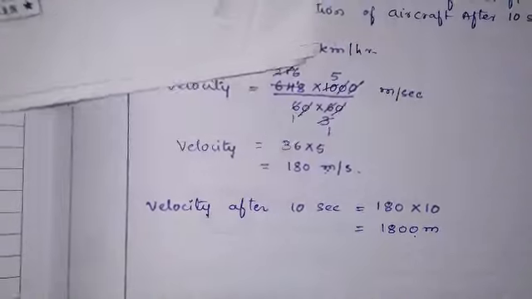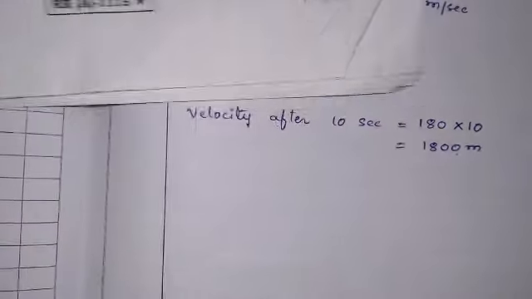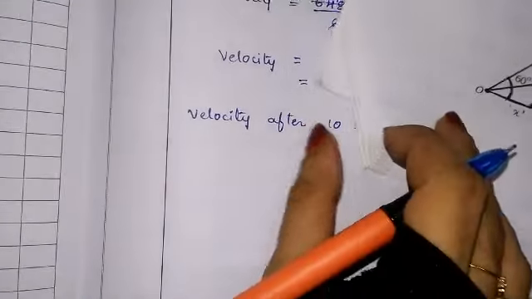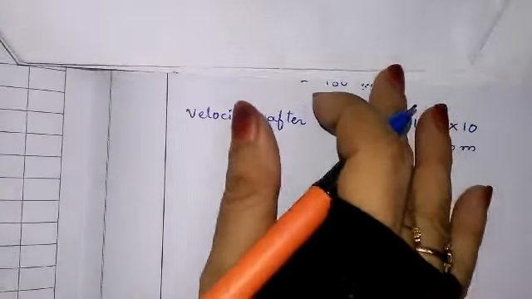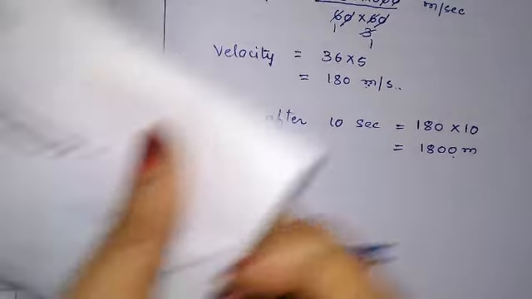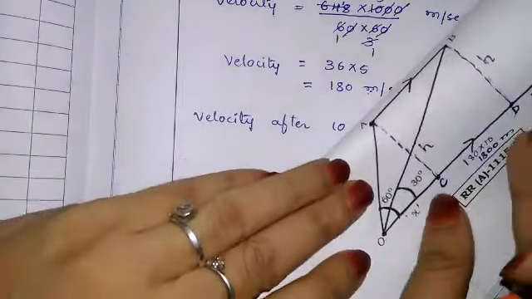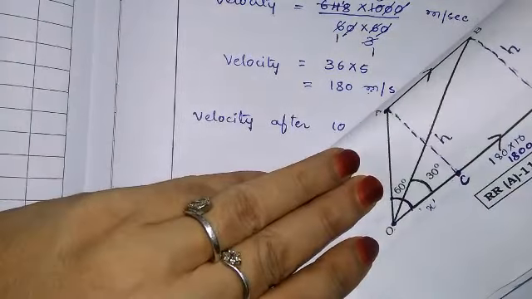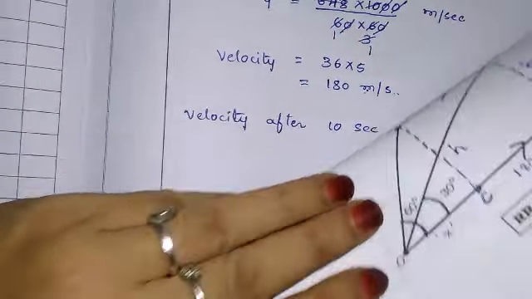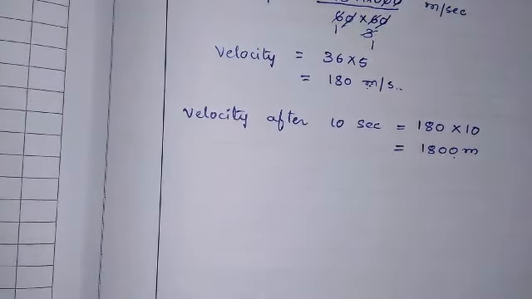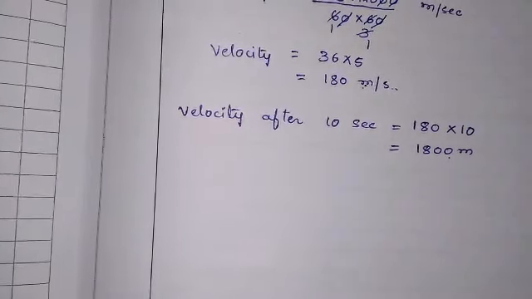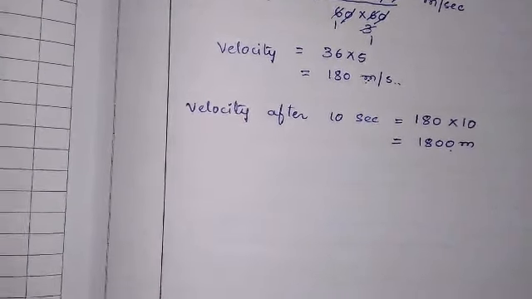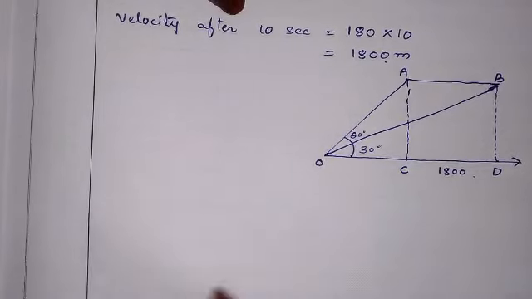Now let us see here in the figure. Let me keep the figure here so that we can focus on the figure properly. Okay, let me draw it. So I have drawn it here now.